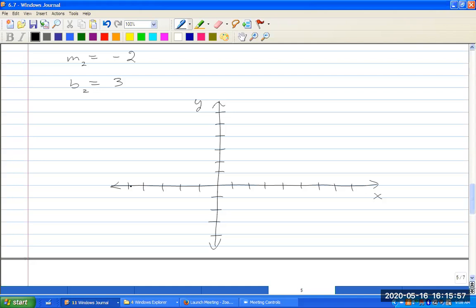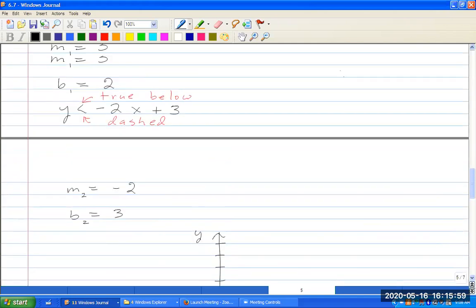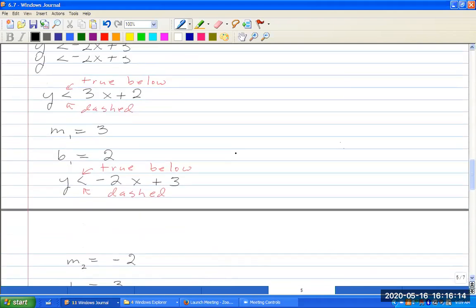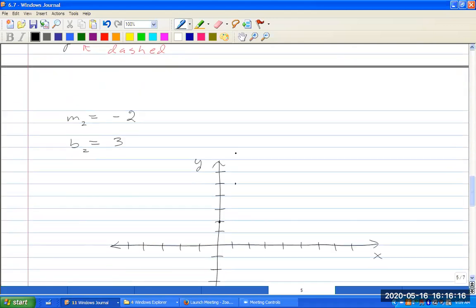Okay, so the y-intercept was 2, and the slope was 3. So you go over 1, up 3, 1, 2, 3. And it was a dashed line. They're both dashed lines. So let's sketch this.